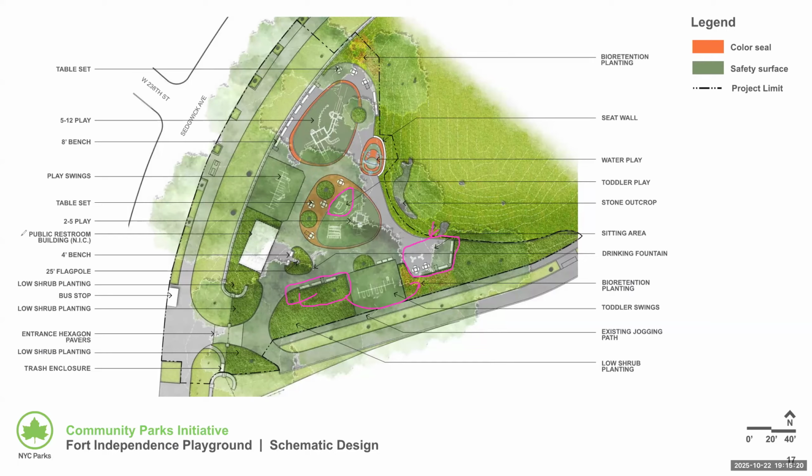We did originally propose it where Xiaoying just circled. We thought that might be a good place for it, but the arborists at Parks have reminded us that those particular trees have a critical root zone that wouldn't be able to take that kind of an increased impervious paved area. So we decided to move things around a little bit and provide a nice social area where Xiaoying has now circled it, where the small toddler area was going to be, and we've moved the small toddler equipment over and it's part of what was a larger 2 to 5 play area.